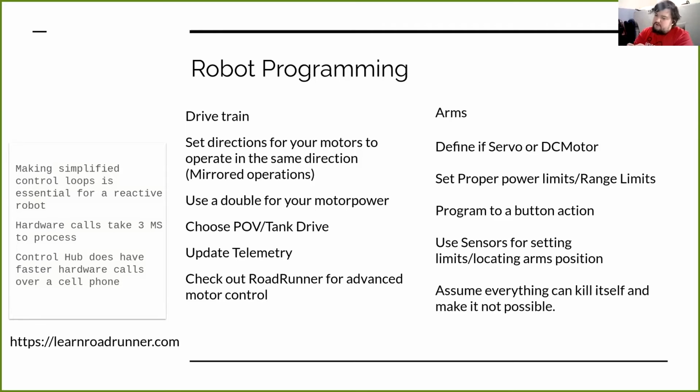And as your arm goes out, your color sensor is going to know where that is, right? And so that could be a great way for you to control autonomously how far your arm goes or doesn't go. And yeah, Rev magnetic switches are great.